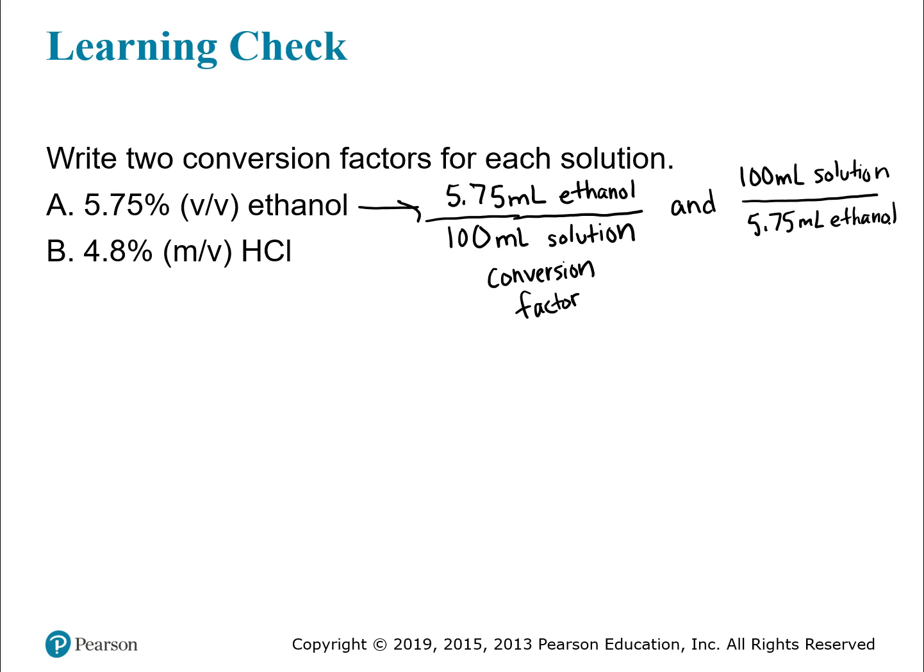So try your hand at part B. You don't have to write it in the chat because it's not the easiest thing to do. But try it, see if you can wrap your brain around it, and then I'll write it out. I'll give you a couple of minutes.